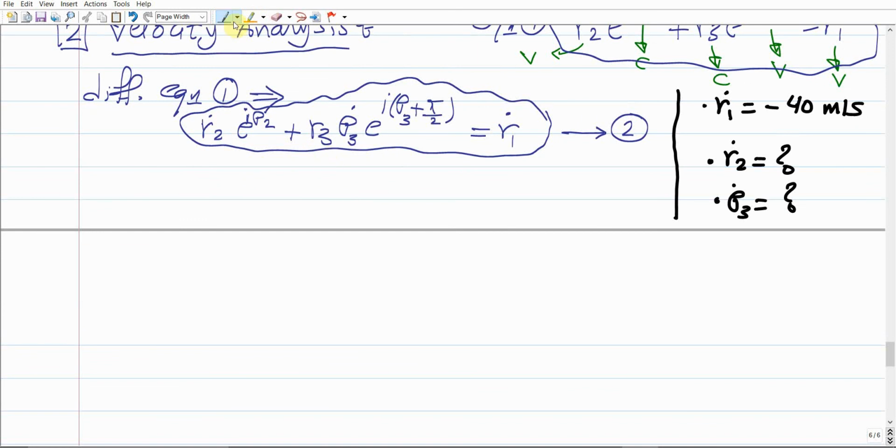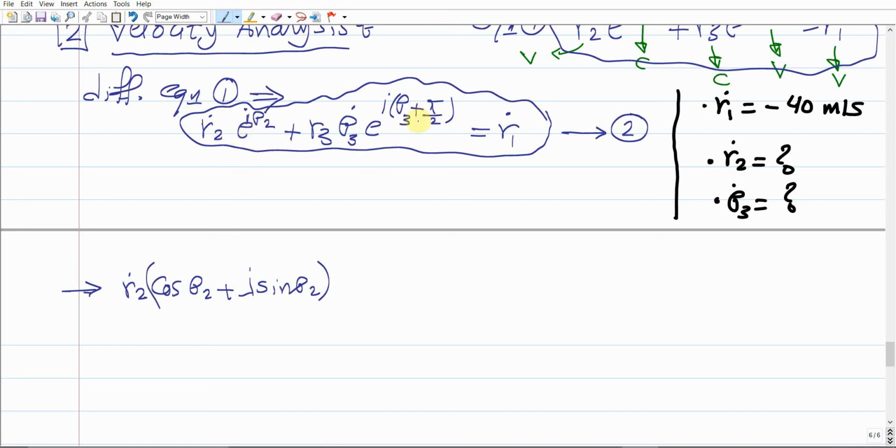To proceed with the velocity analysis, I'm going to rewrite this loop closure equation in terms of the trigonometric functions cosine and sine. So we're going to have R2 dot cosine theta 2 plus I sine theta 2. This is the cosine and sine form of the first term. Make sense?